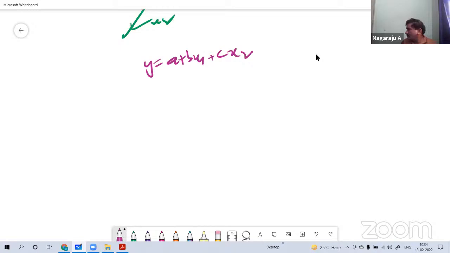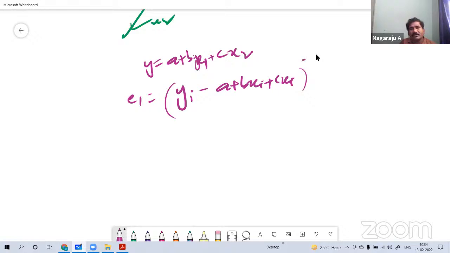Now here, I'm taking an error E1 equal to y1 minus A plus bx plus cx, whole square. Here we will change the variable names and instead write directly i. So here, yi, the original value, minus A plus bxi plus cxi, whole square.